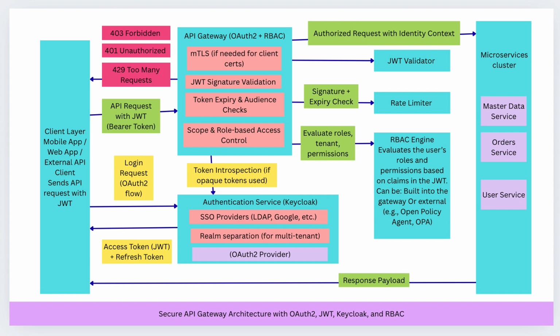The impact here is that this flow externalizes identity management to a centralized service. It supports both human users and service to service accounts. Security risks like credential theft are mitigated via standard OAuth2 mechanisms.